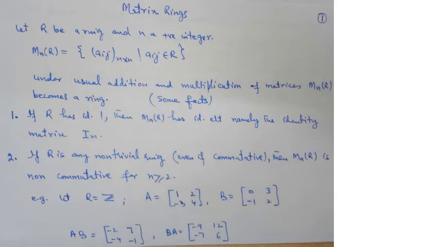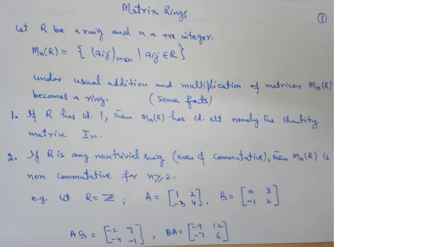And certain facts, again, you know: if R has identity 1, then the matrix ring M_n(R) also has an identity element, and that identity element is the identity matrix I_n. That is, diagonal elements are 1 and the rest of the entries are 0.